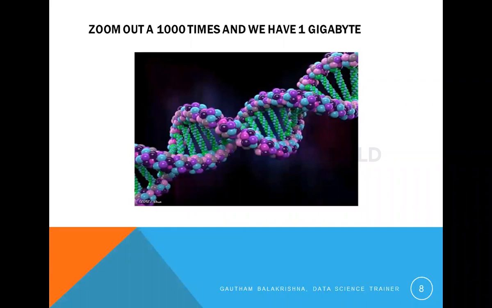That human DNA has all the information about a human being. That's why you hear about cloning. For cloning a human being or an animal, just one DNA sample is good enough to basically clone that living thing. So that is what 1 gigabyte of information would be like.